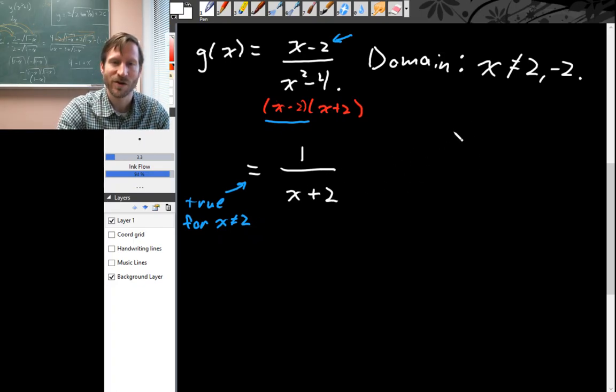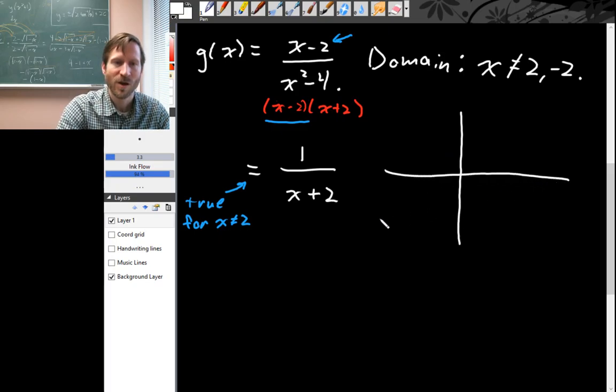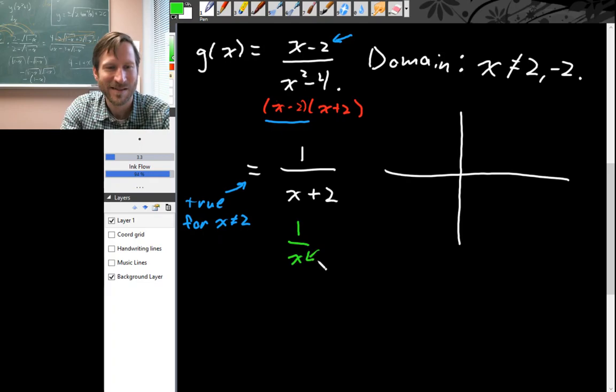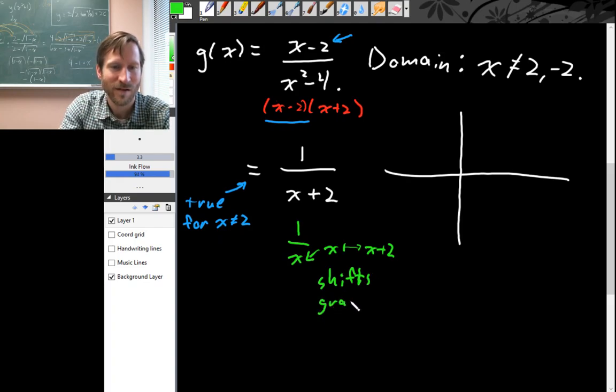So let's graph 1 over x plus 2. 1 over x plus 2 looks just like 1 over x, except since we've replaced x with x plus 2, that shifts the graph left 2 units.